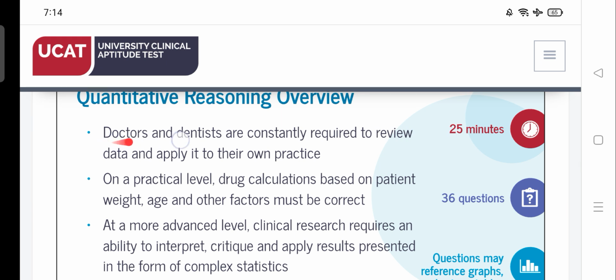Doctors and dentists are constantly required to review data and apply it to their own practice. On a practical level, drug calculation based on patient weight, age, and other factors must be correct.